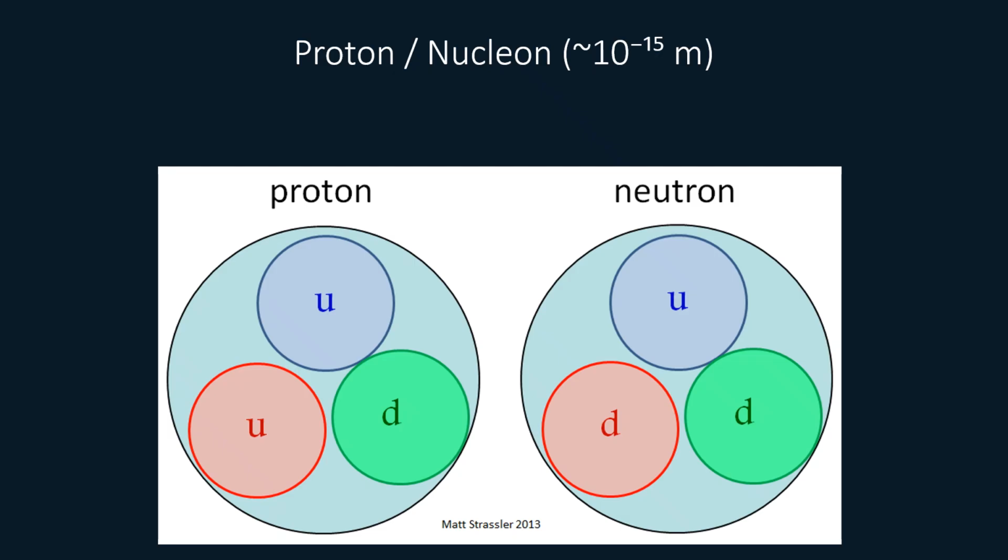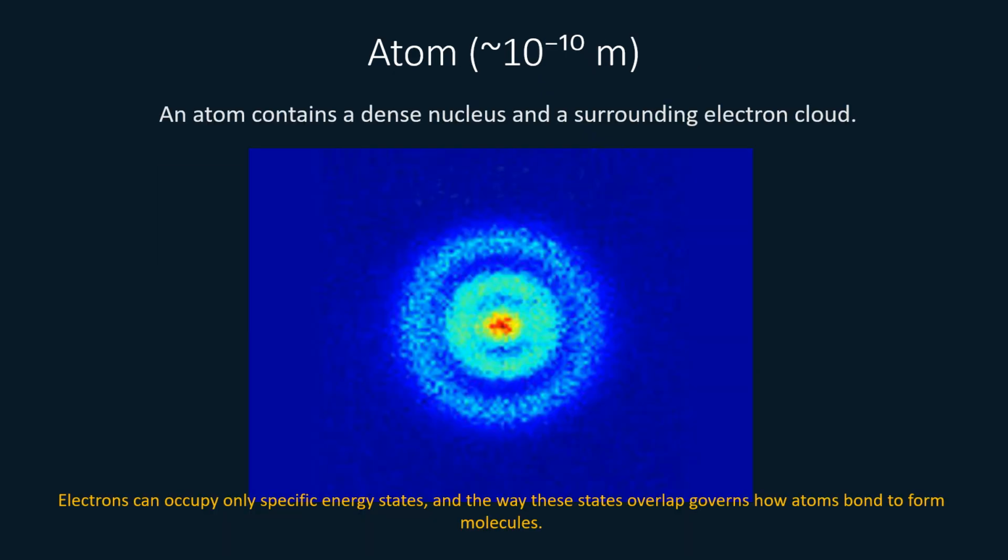Now let's go to atom. So this is where chemistry starts. Atomic properties, electronegativity, size, valence electrons determine bonding. In practice, this is the lowest level layer most drug discovery models touch.